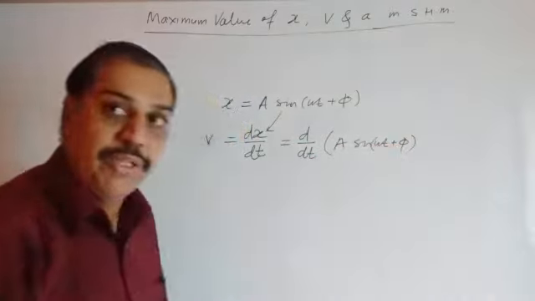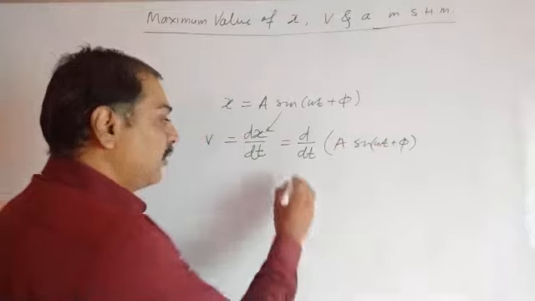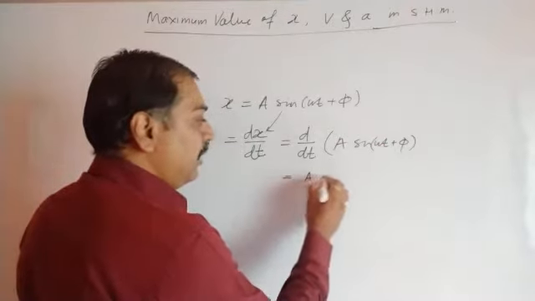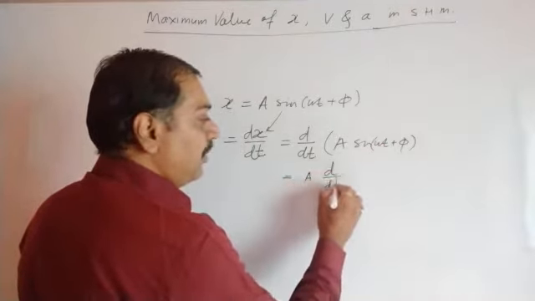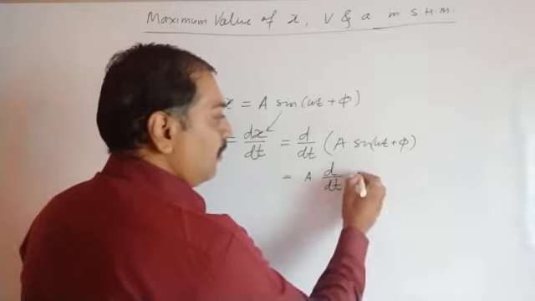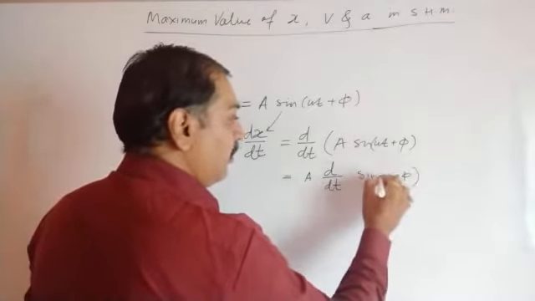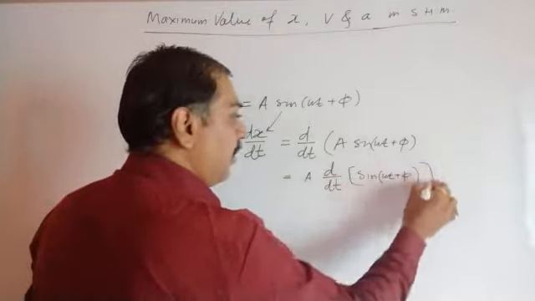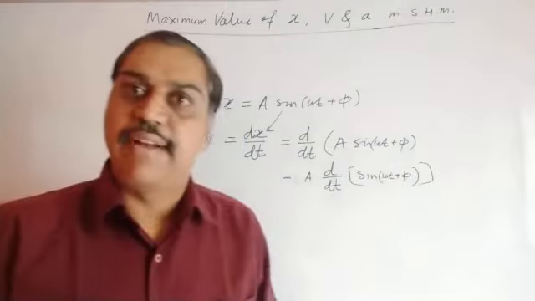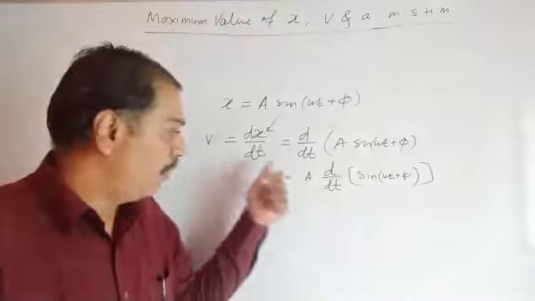Here a is constant, so we can take it outside: a times the derivative with respect to time of sine of omega t plus phi. Once we find this derivative, we get the value of velocity.